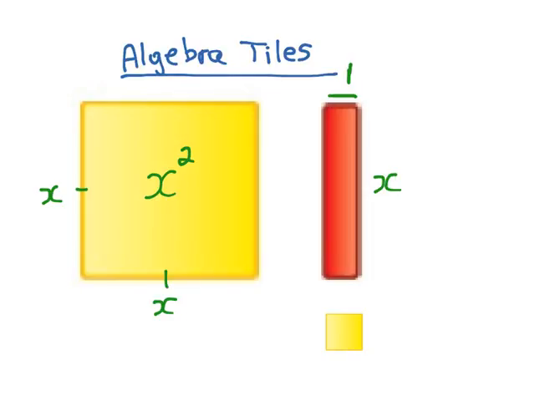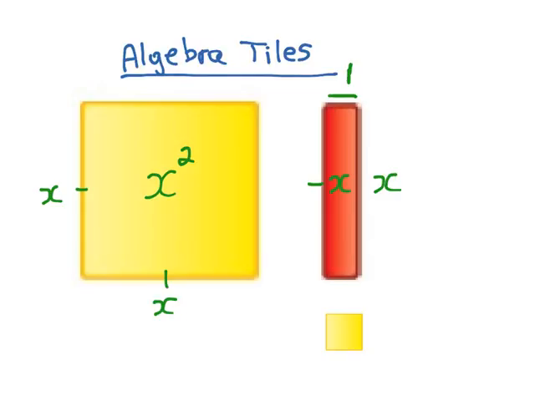It is a different color, so it is going to be referred to as a negative area versus the yellow one, which is the positive area. So when we multiply 1 and x, we get the area of x, and since it is red, we'll have it as a negative. So whenever you see a representation of one rectangle, it is an x. If it's red, it will be negative x.